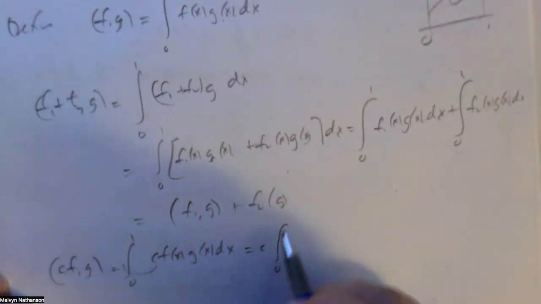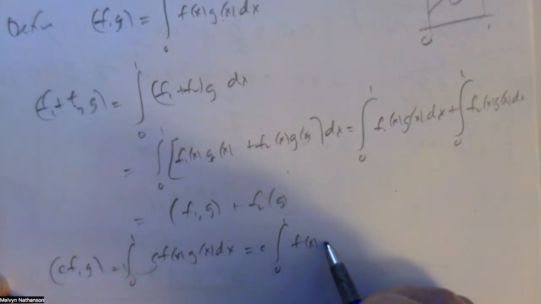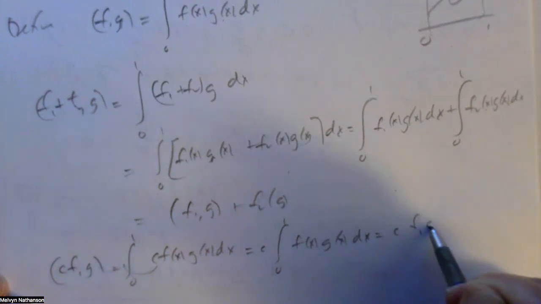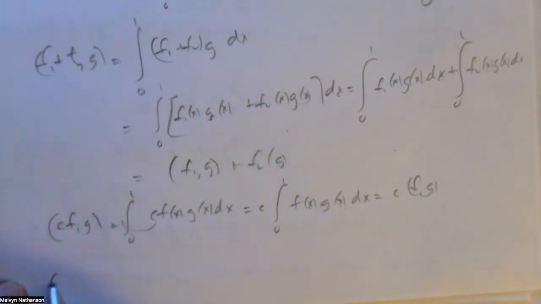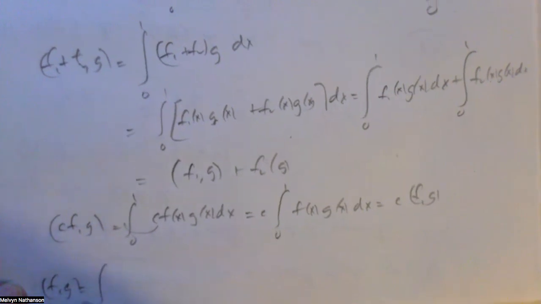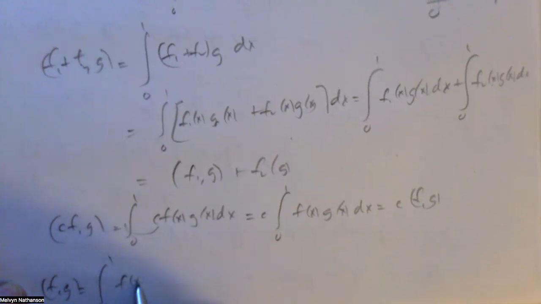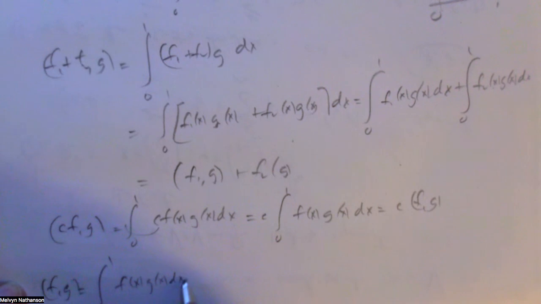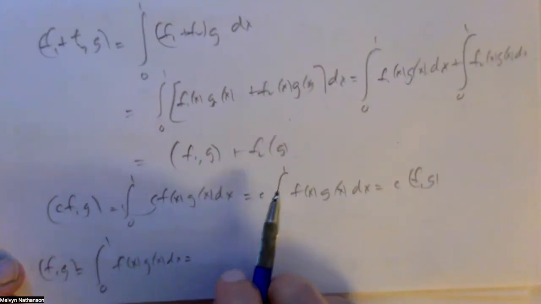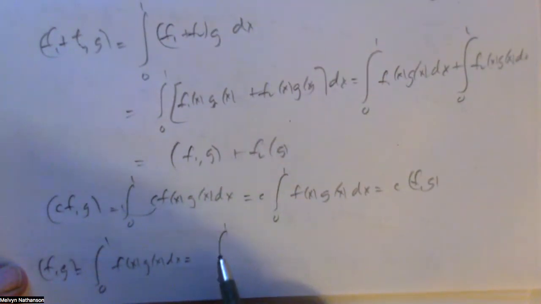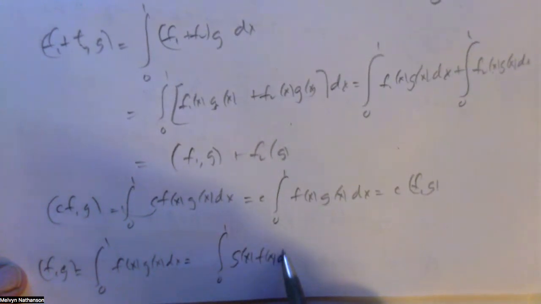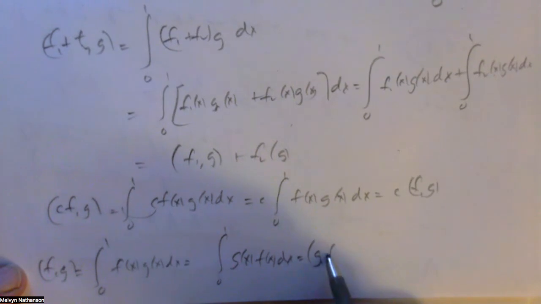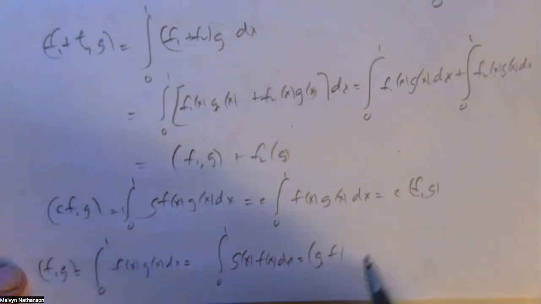This is c times the integral from 0 to 1 of f of x, g of x, dx, which is c times the inner product of f and g. And if I take the inner product of f and g, which is the integral of f of x, g of x, again, multiplication is commutative. This is the same as the integral from 0 to 1 of g of x, f of x, dx, which is the inner product of g and f. So this is symmetric.